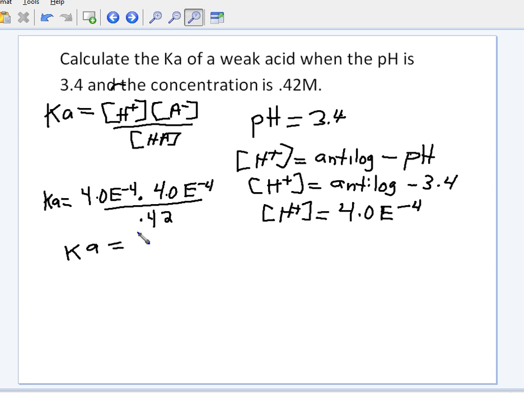So if you do the math, you should get around 3.8 e to the negative 7. And just as a last note, Ka is generally shown without units.